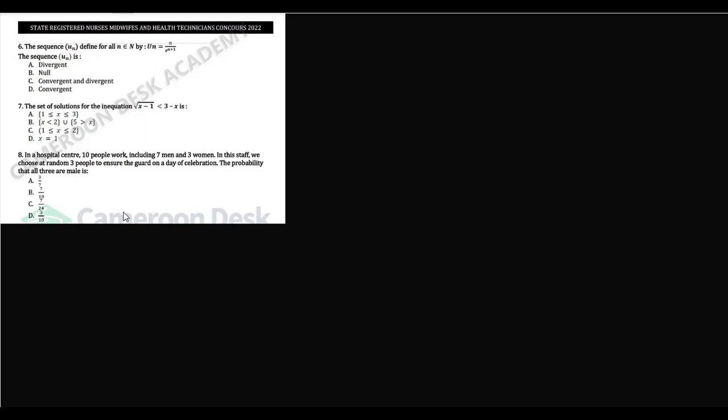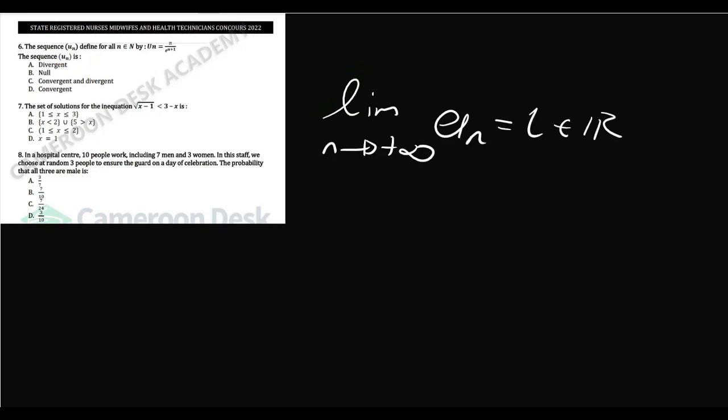Okay, so we are going to recall some little theorems. Now, we know that for a sequence to converge, the limit of that sequence should be finite. So it means if the limit as n approaches positive infinity of the sequence, let's say an, is finite, then this sequence an converges.